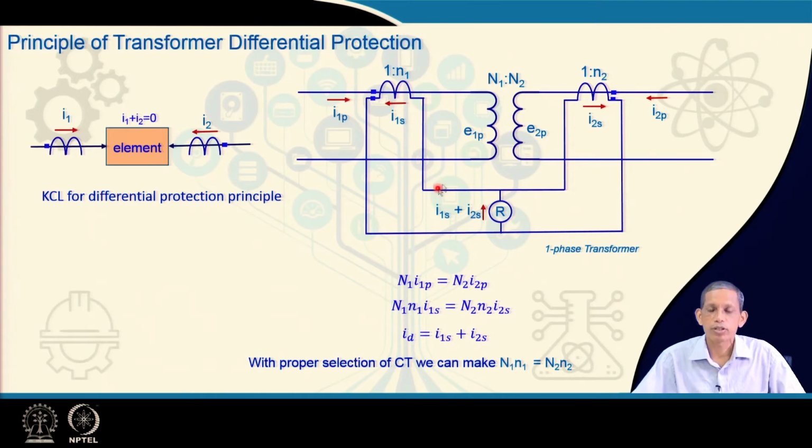Now, come to a single phase transformer. Here, just for clarity on how we will proceed for the differential protection, we have CTs in the primary side and CT in the secondary side, and the corresponding CT ratios are 1:n1 and 1:n2.